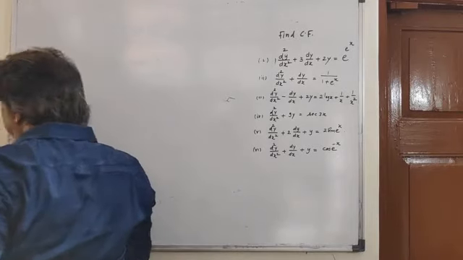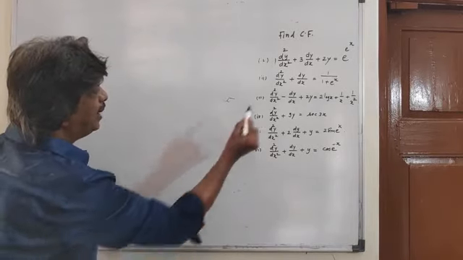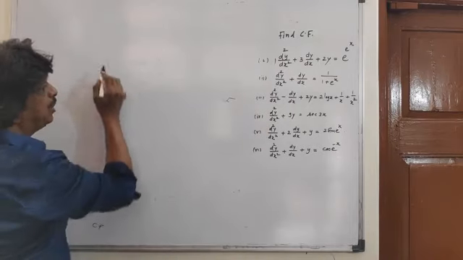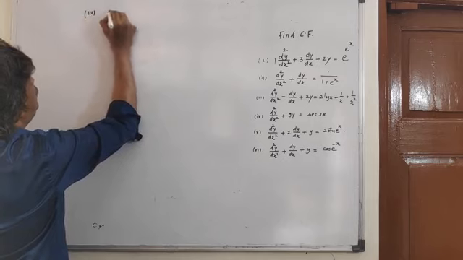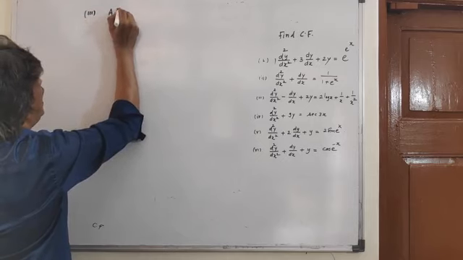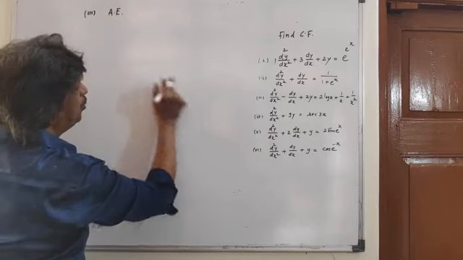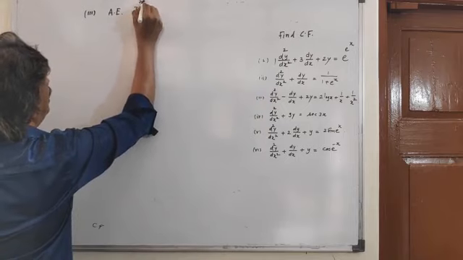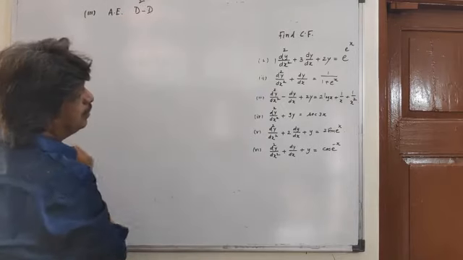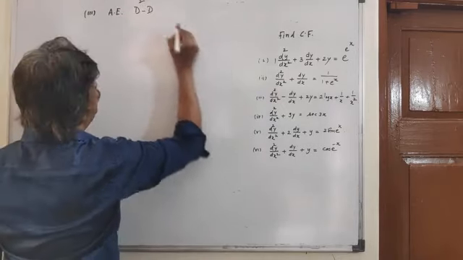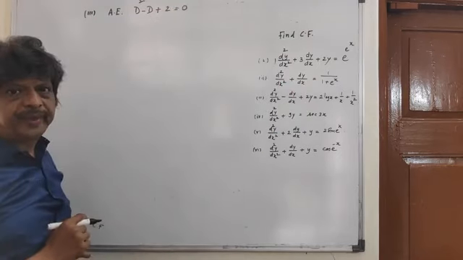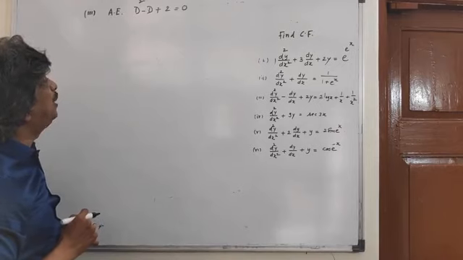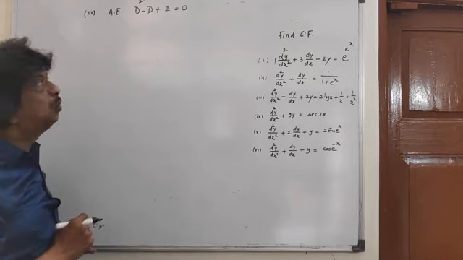Now I would be solving the third, fourth, fifth and sixth. They are very simple. Again, for the third equation I am writing directly the auxiliary equation: D² - D + 2 = 0.